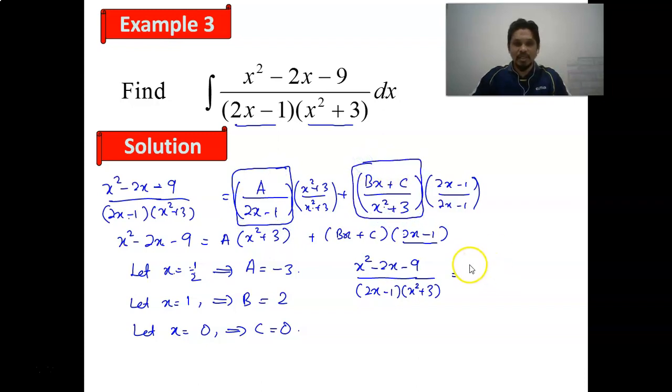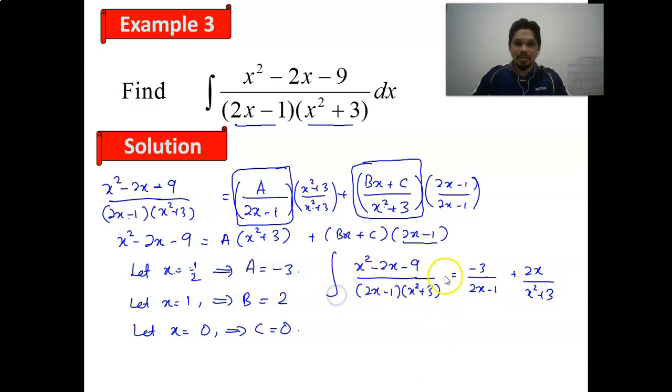So A equal to negative 3 divided by 2x minus 1, and B equal to 2 and C equal to 0, plus 2x divided by x squared plus 3.